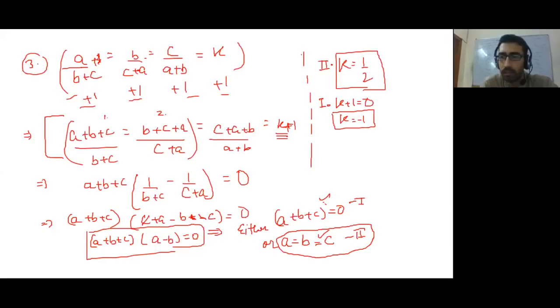Is this clear? This is a good question, a special type of question. There is no way you can get the answer to this other than by solving. There is no way hit and trial would work here, I'm afraid. So your answer, of course, is option C. The answer to question 3 is option C.